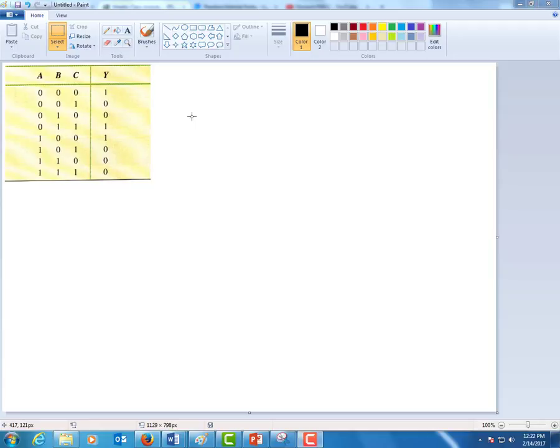So, all right, let's take a look at this. My question for you is, if you take a look at this truth table here on the left, when is y equal to 1? Let me just write that. When is y equal to 1?